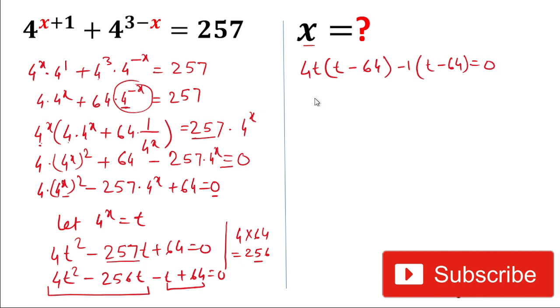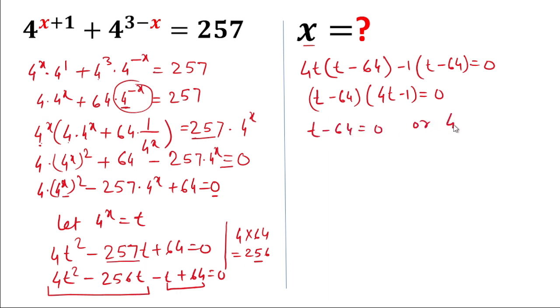So our two factors will be t minus 64 in one bracket, and in another 4t minus 1, is equal to 0. So from here we can write t minus 64 is equal to 0, or 4t minus 1 is equal to 0. If we simplify, it will be t is equal to 64, and here the value of t will be 1 divided by 4.